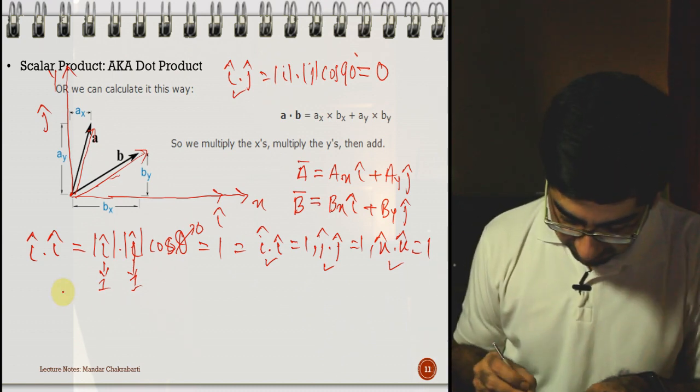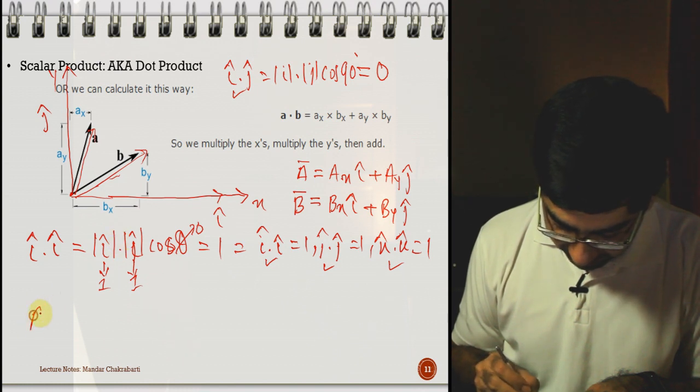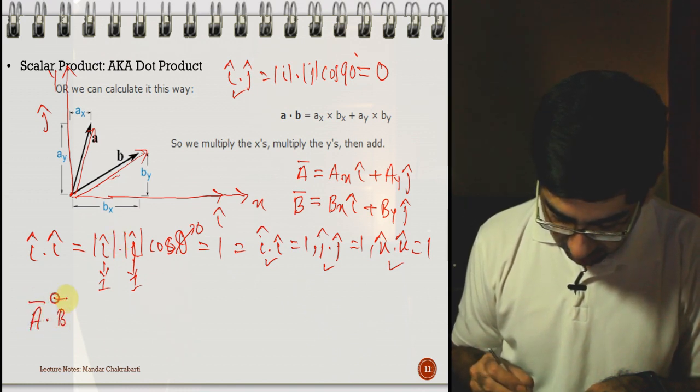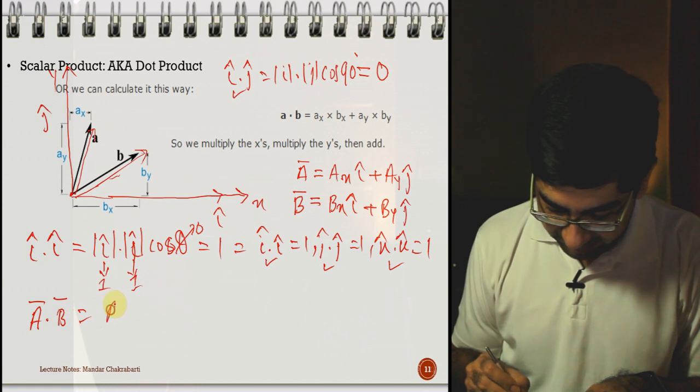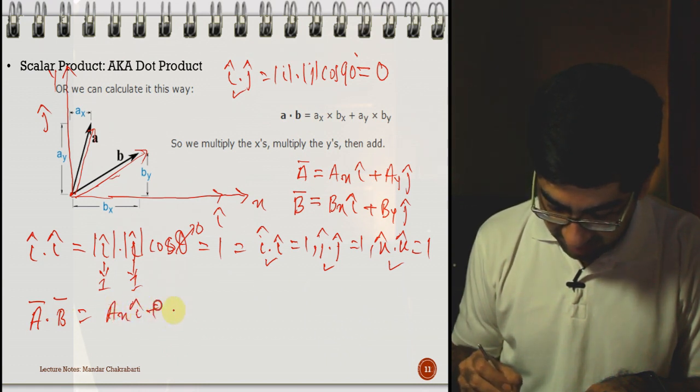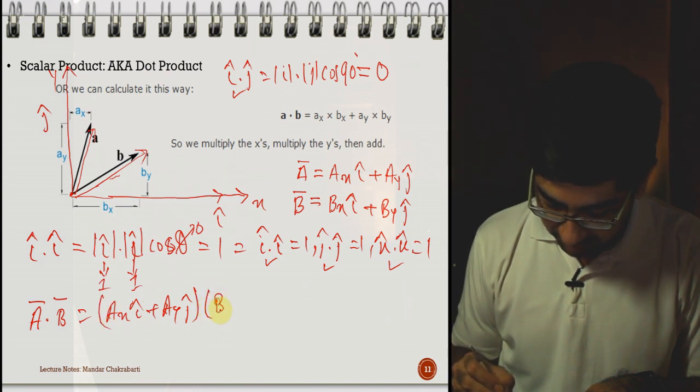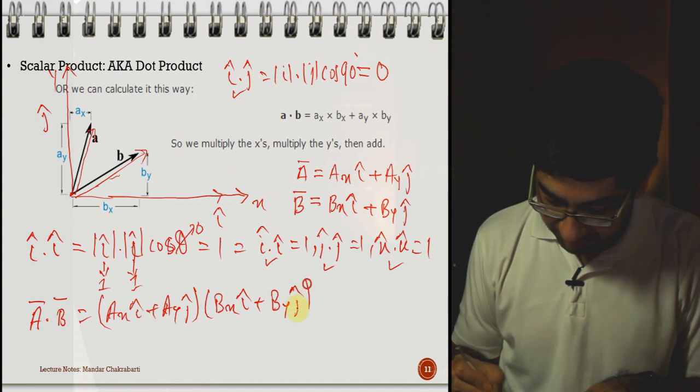So, if I want to calculate A dot B, it is essentially (ax i plus ay j) dotted with (bx i plus by j).